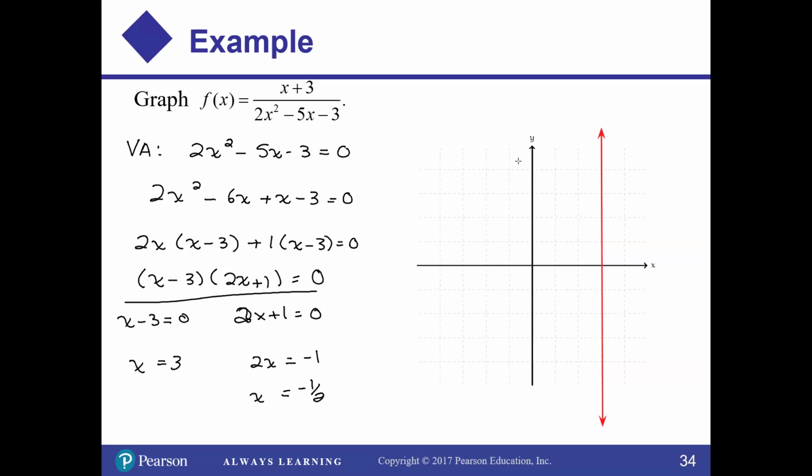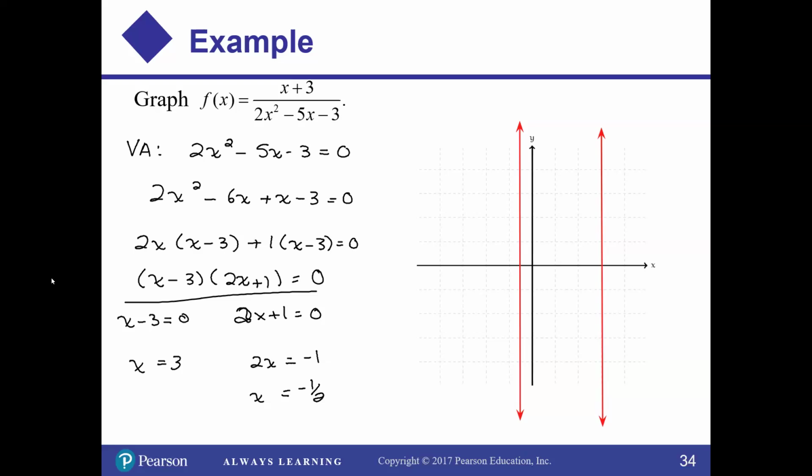So 3, and then -1/2 would be right about here. All right, next would be your horizontal asymptote. Once again, as x is going towards infinity, f of x should start acting like the leading terms, so like x over 2x squared.